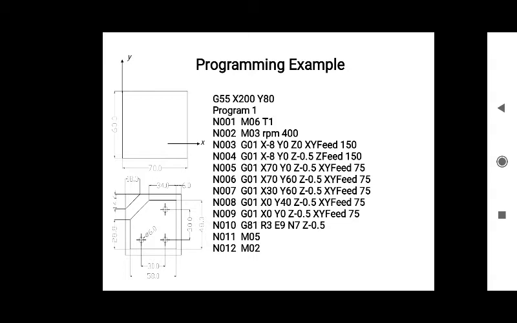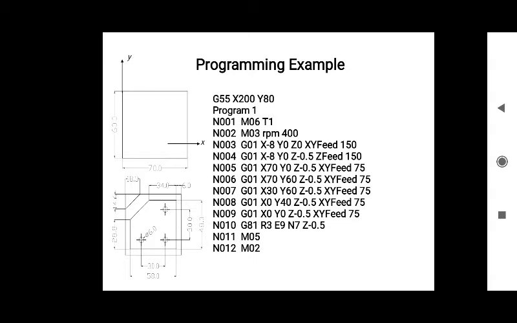That means cutting horizontally up to 30 mm. Okay, now after that our cutter is now over here, and if you see, inclined cutting is there, so here you can see the next, N008, G01, X0, Y40, Z minus 0.5, XY feed 75.